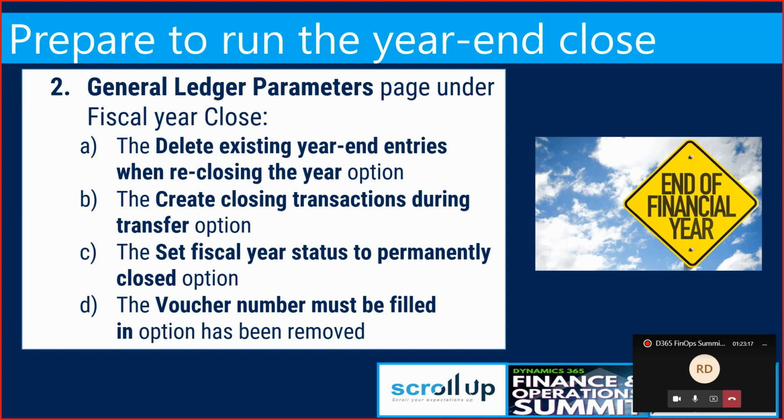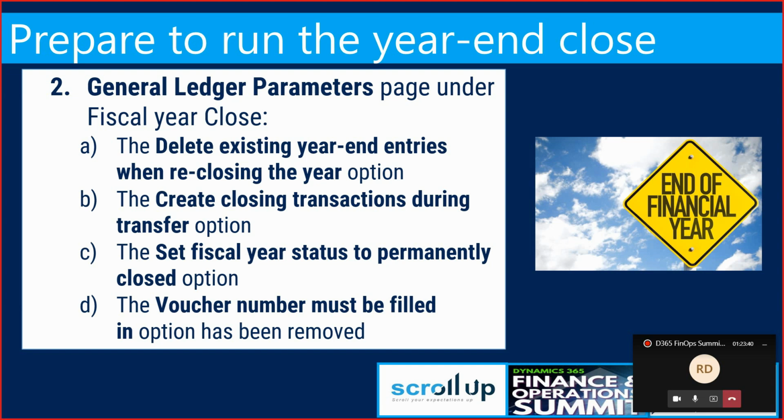The third one is set the fiscal year status to permanently closed. This is important and risky, so be careful. This option is used to set the fiscal year to permanently closed status, but once this period or year is set to permanently closed, you cannot reopen it again.